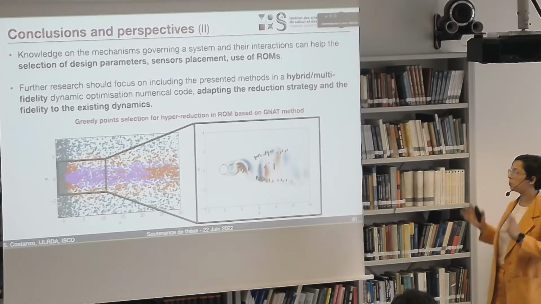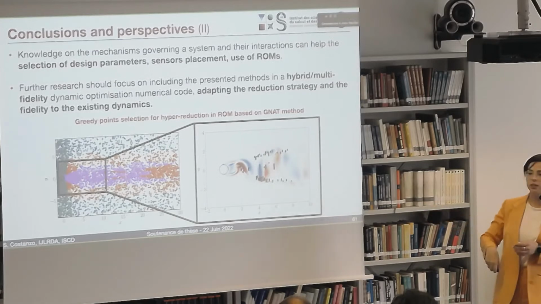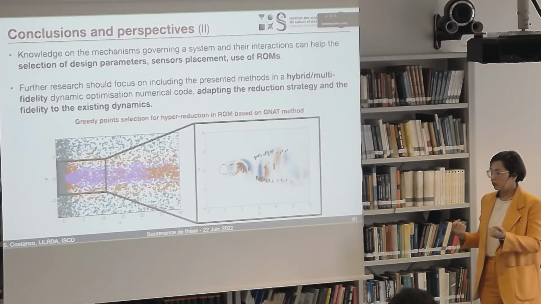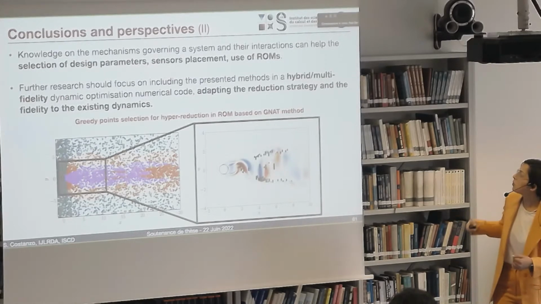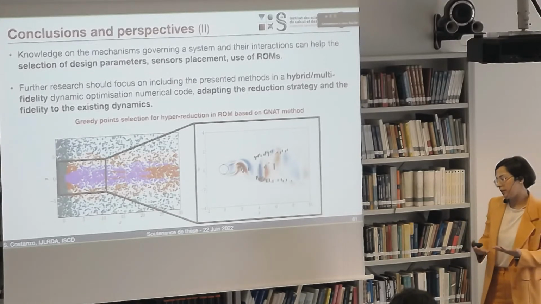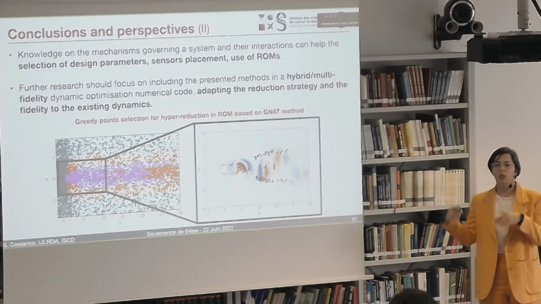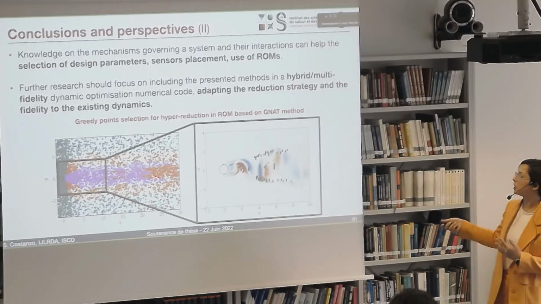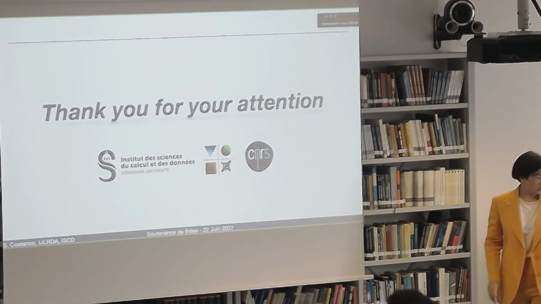So what we would like to do in the future is to build a code that first runs dynamic identification, and then according to the results, uses or not a reduced order model, and activates multi-fidelity dynamics. We also have a derivative-free solver in the team, so we want to build something that says, okay, here the dynamic is too complex, we cannot use adjoint, move to the derivative-free, or we can use adjoint, but we can reduce the time, use parallel-in-time, and have something dynamic that can adapt according to the existing dynamics. And thank you for your attention.